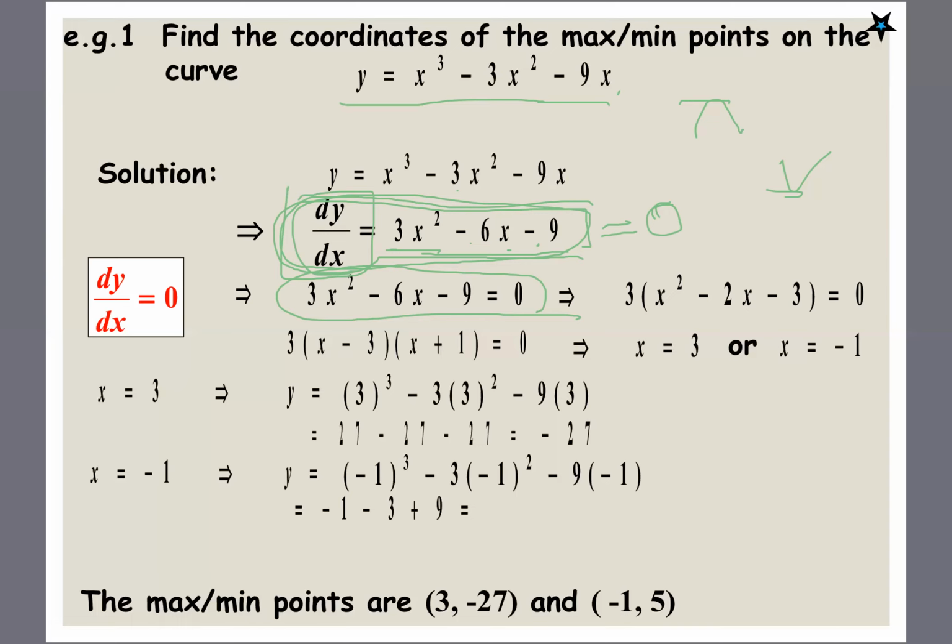So remember, now you need to apply your basic mathematics knowledge to solve this equation. In this case, you can see there is a common factor of 3. When I take out 3, the remaining part is x squared minus 2x minus 3.